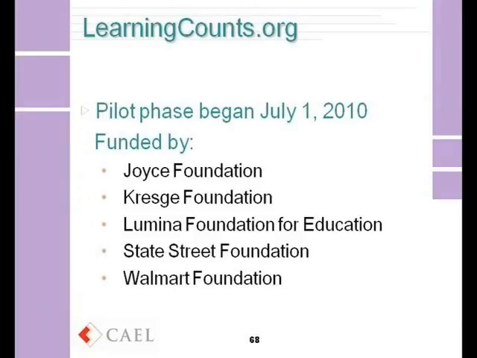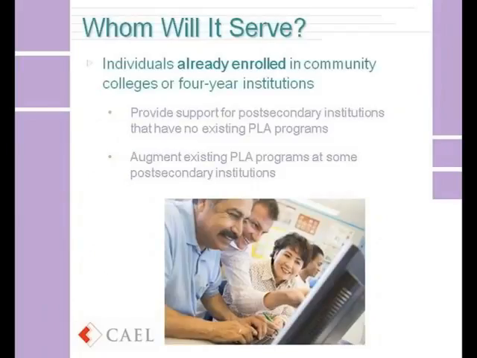The pilot phase began in July. We have a 2-year pilot phase, and we have several national funders who are helping to support learningcounts.org. We expect that Learning Counts will serve individuals who are already enrolled in community colleges and 4-year institutions in ways that I just mentioned.